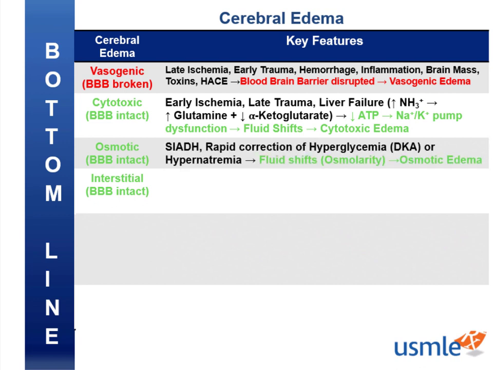Osmotic edema also involves fluid shifts leading to cerebral edema, with causes including hyponatremia in the setting of SIADH, as well as the rapid correction of hyperglycemia during diabetic ketoacidosis and the rapid correction of hypernatremia in the healthcare setting.